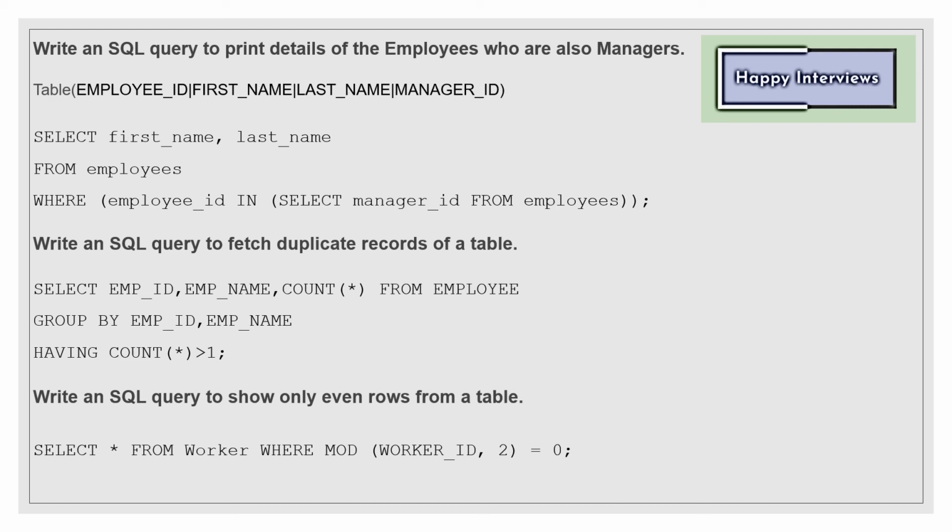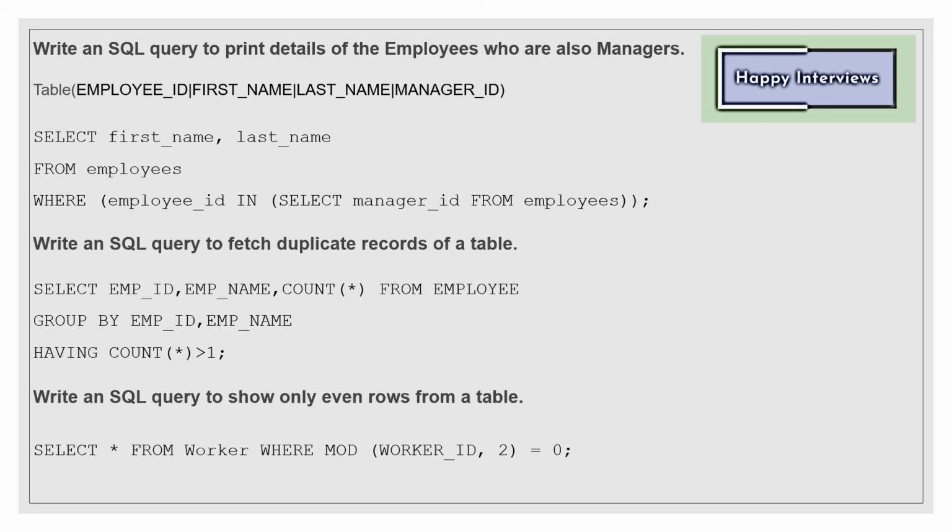So: group by employee ID, employee name having count star greater than 1. For employees with only one entry, the count will be 1 only, because for every ID there is a grouping.